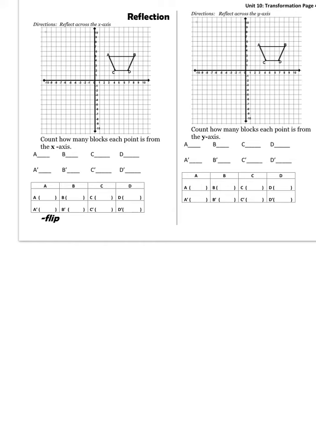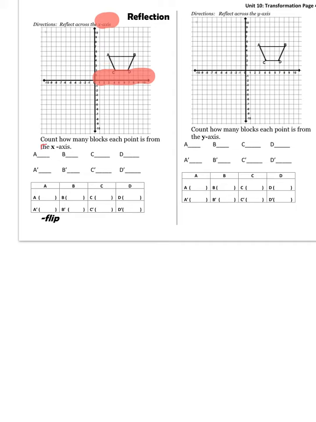Alright, let's try these examples. So in the first one, we are reflecting across the x-axis. I want us to count and see how many blocks each point is away from the x-axis. Alright, so A, 1, 2, 3, 4, 5.